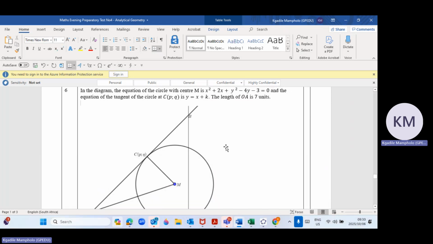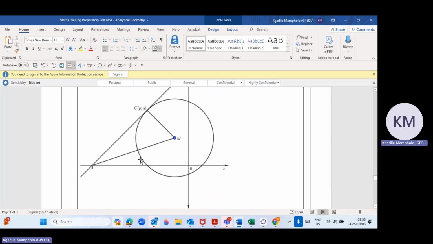The length of OA is 7 units. But we know that it's going to the left. It means the coordinates of A will be minus 7 and 0.